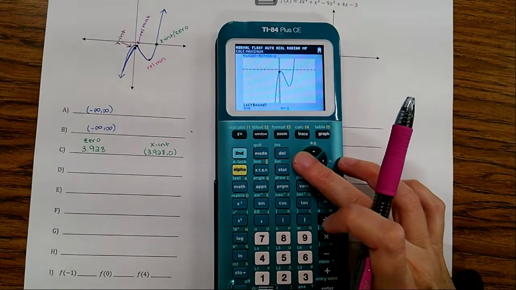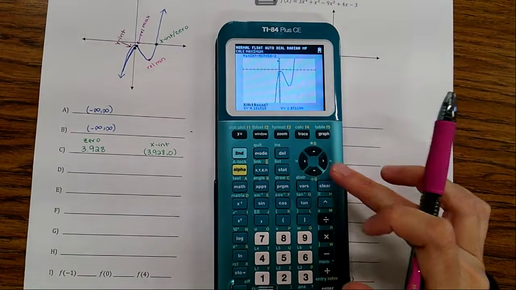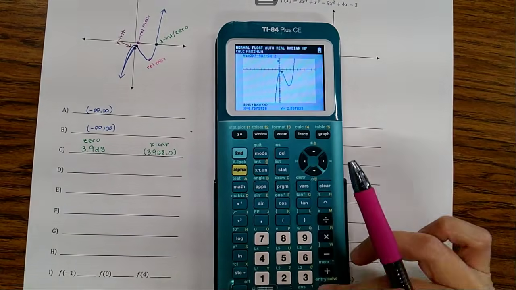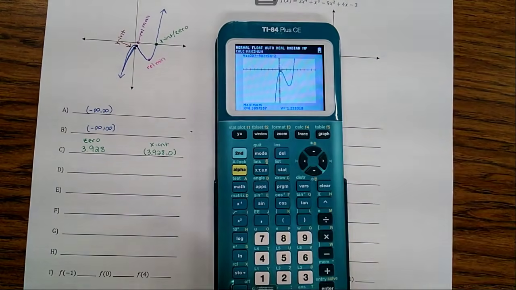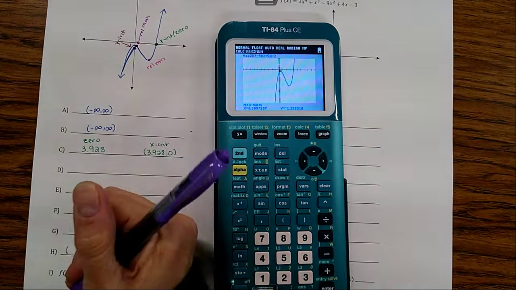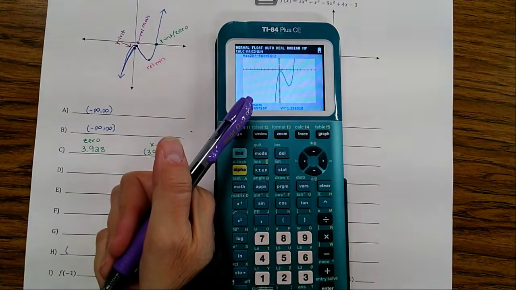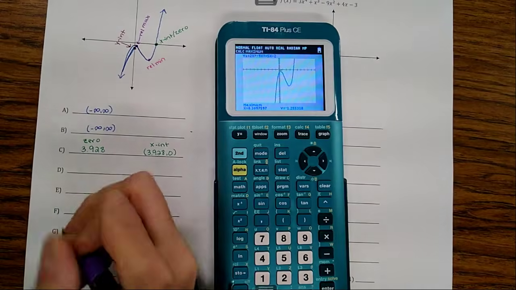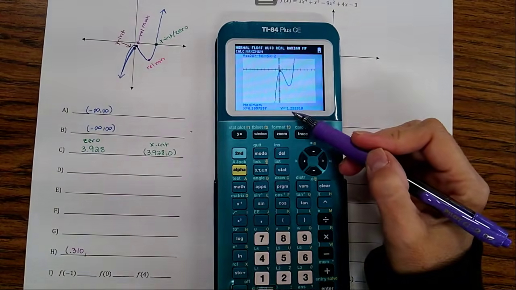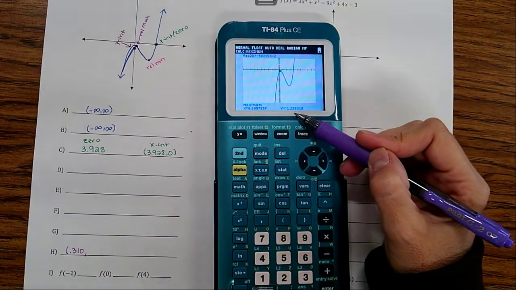We need to be to the left of it, so hit enter. Go to the right of it, hit enter, and enter again. The maximum is at 0.310, negative 1.255.